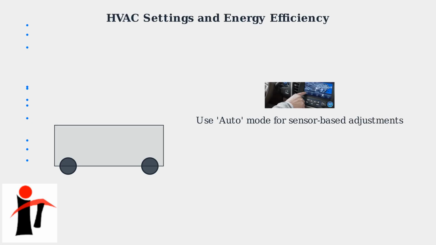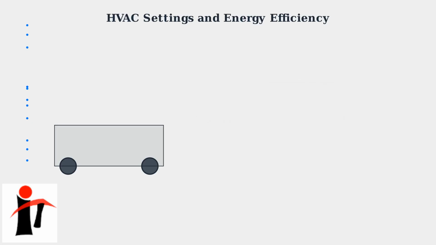Start by selecting Auto Mode on your touchscreen. This allows the system to automatically adjust fan speed, temperature, and airflow based on cabin sensors for optimal cooling efficiency. Enable the Keep Climate On feature to keep your cabin cool even after you've parked and exited the vehicle. This prevents the interior from heating up quickly in hot weather.